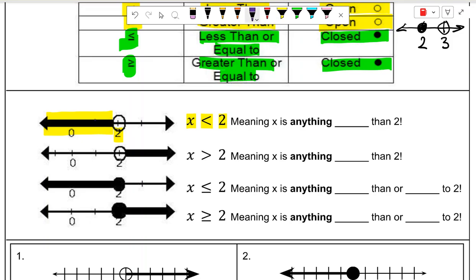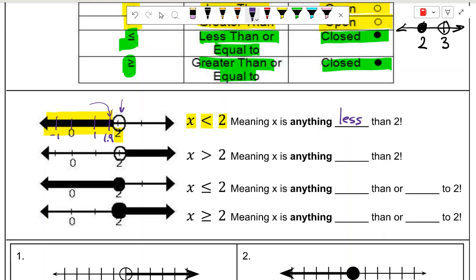So here's some examples. 1 is less than 2, 0 is less than 2, -1 is less than 2, and you can even go as close to 2 as possible, but without saying it's 2. Possibly like something simple, 1 and 9/10, or 1 and 99 hundredths, or 1 and 99 hundred thousandths. Anything that is less than 2 is good to go. But when it's open, it's not 2. It's just anything less than 2.